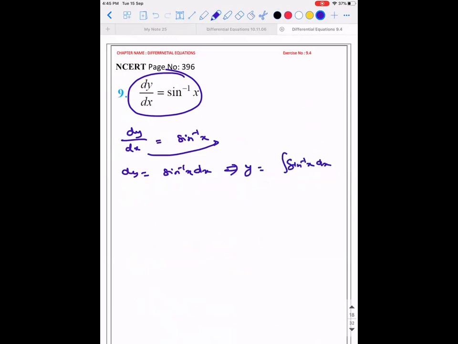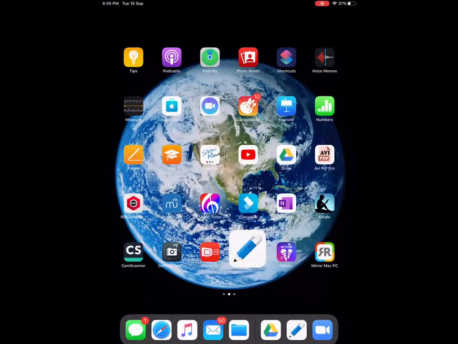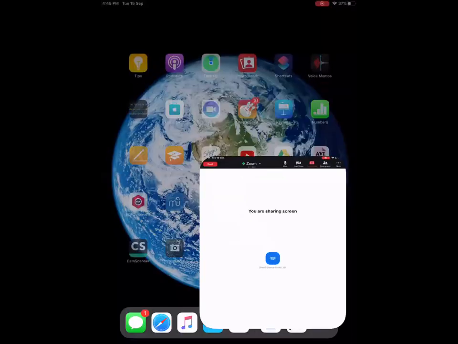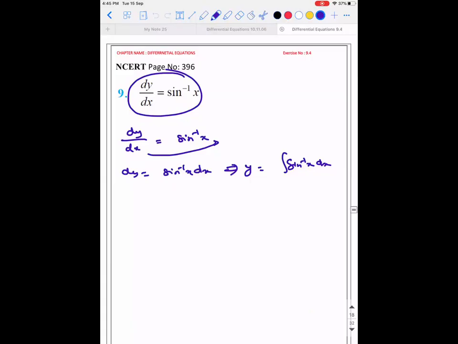So for this, what are we supposed to do? y is equal to integral of sine inverse x dx. 1 by root of 1 minus x square is the derivative of sine inverse x, it's not the integral. You have to do integration by parts, integration of sine inverse x dx.